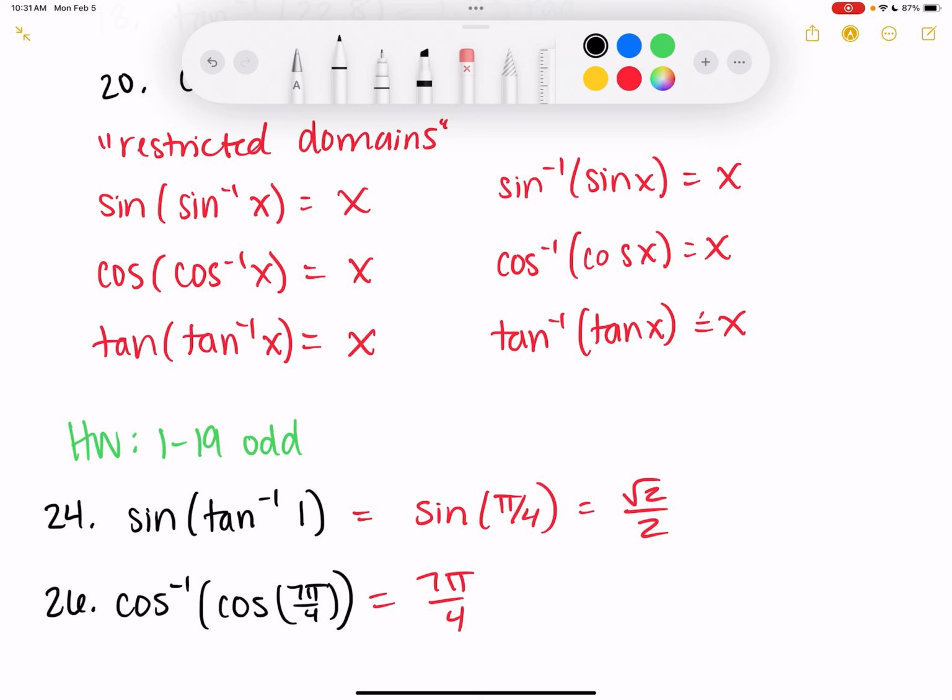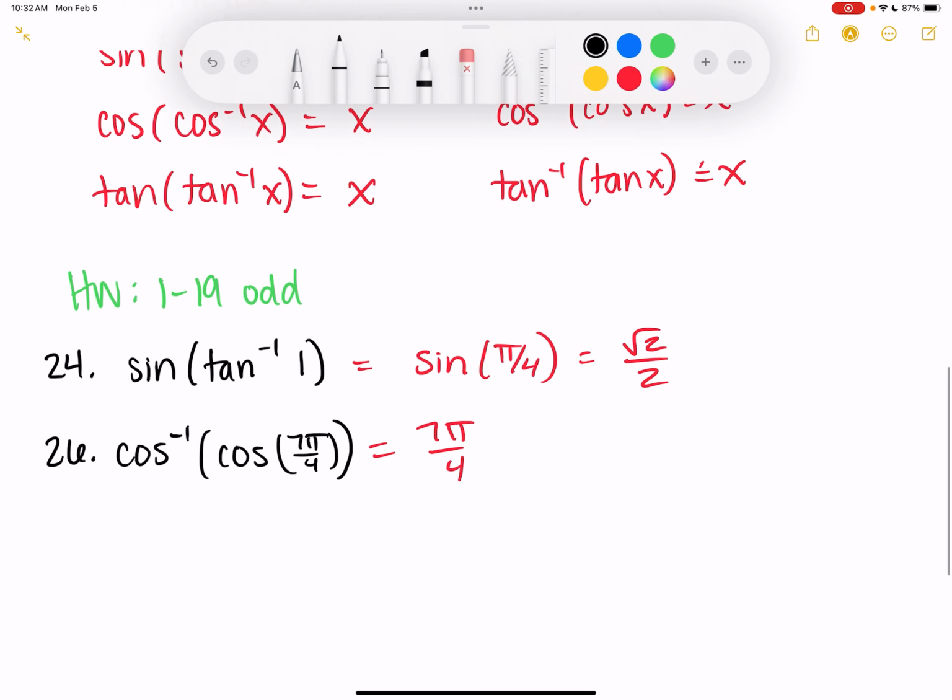Let's see. 28. Sine of the inverse tangent of negative 1. So what is the inverse tangent of negative 1? Negative pi over 4.